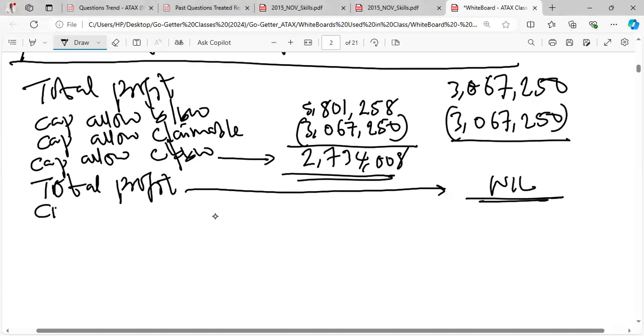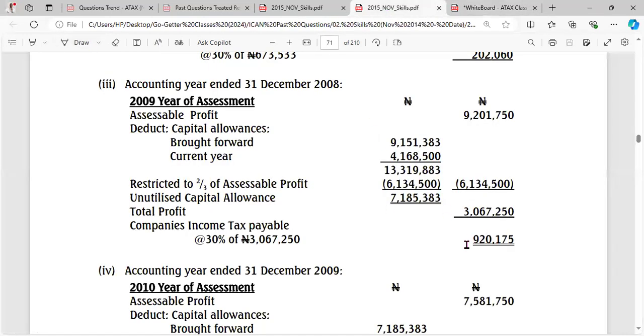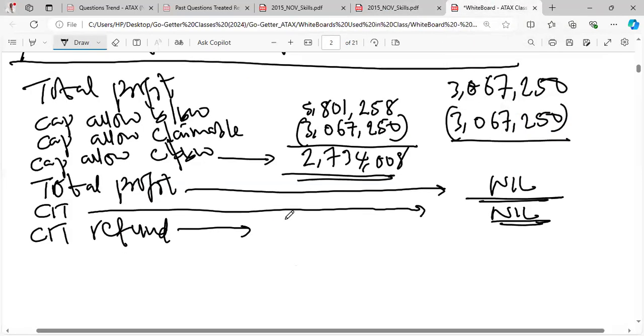Of course, your CIT will be nil, and your CIT refund for the company, how much is it going to be refunded? We are going to refund them 920,175.